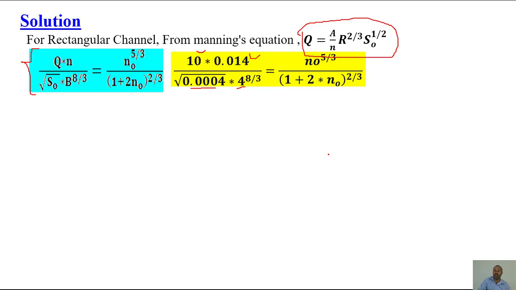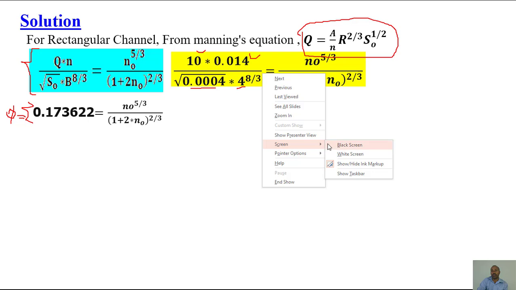So calculate the normalized depth. Qn over the square root of S naught b to the power of 8/3, you can have phi. You can read out phi from the table, then y naught over b will be taken from the same table.